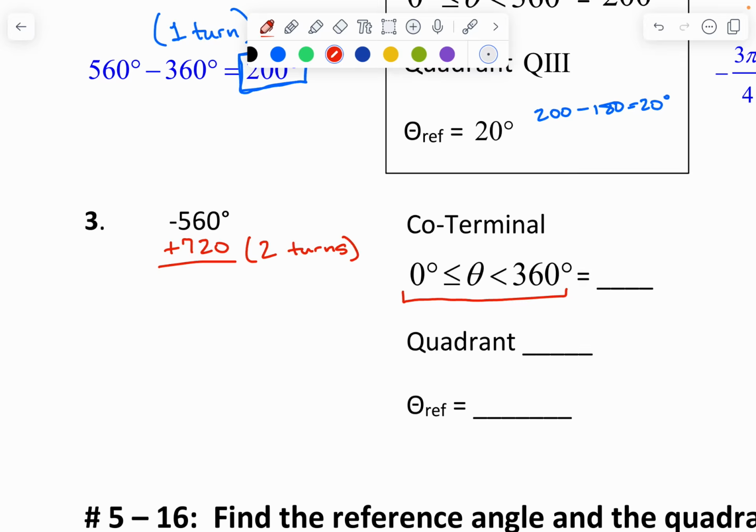So that brings me back up to positive 160, and that is in the range that I need to be. And if I were to just quickly sketch this out, if this is 0 and this is 180, 160 puts me kind of in this area. And the reference angle is going to be the quickest way to the x-axis. And so it's going to be that remaining 20 degrees. Also, I'm in quadrant 2.